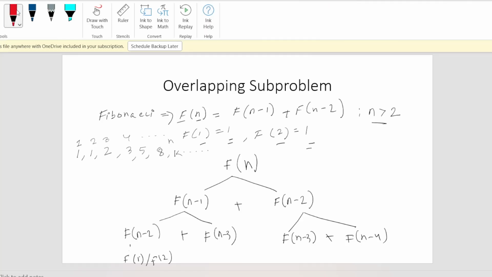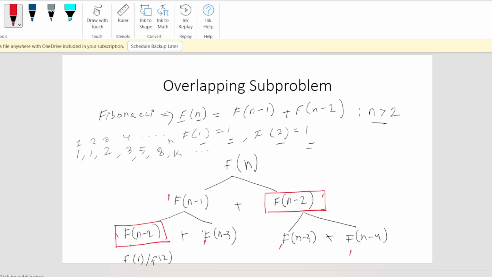Now, if we look at the tree carefully, by the way, these are all subproblems, right? So these are all subproblems. And if I look carefully, this subproblem is occurring twice or more than once.